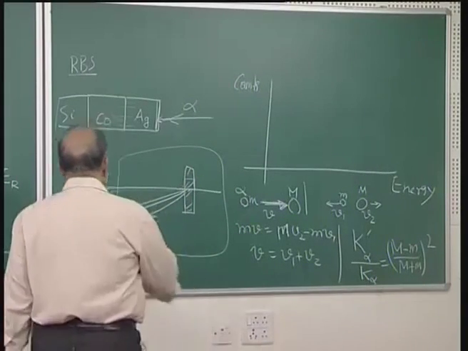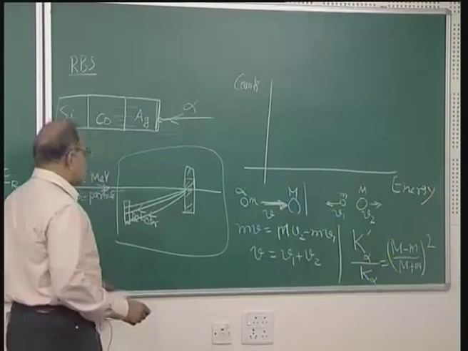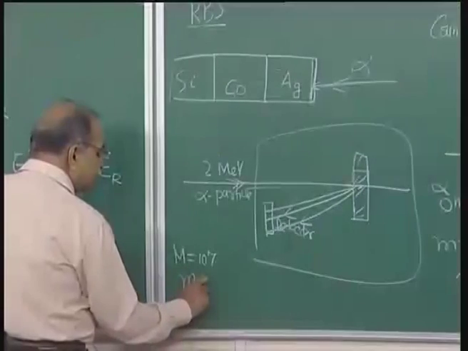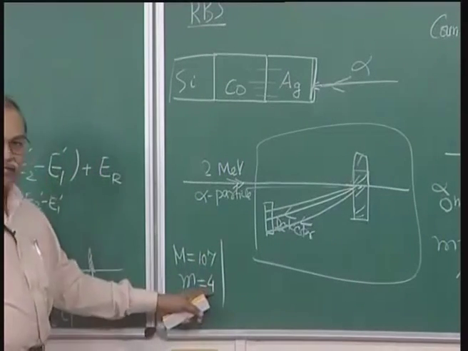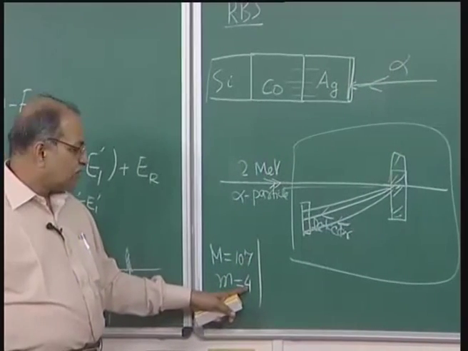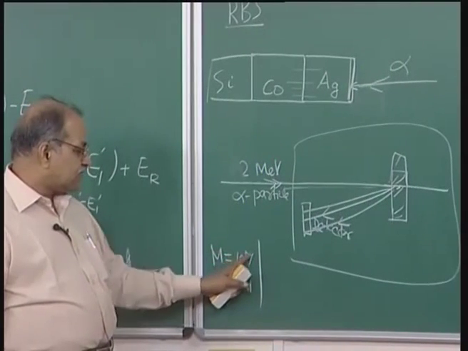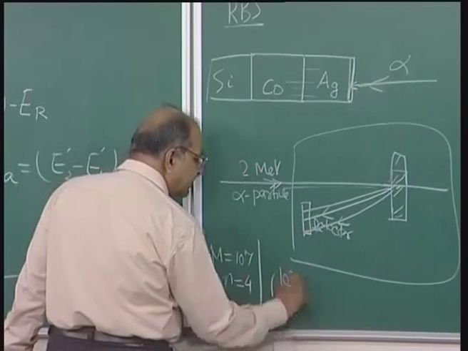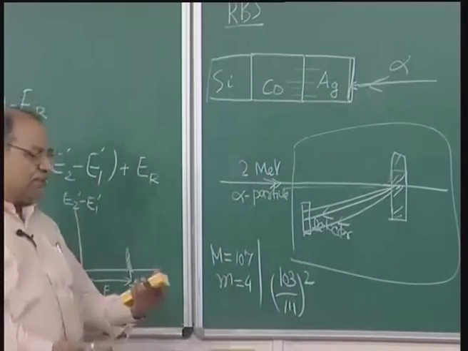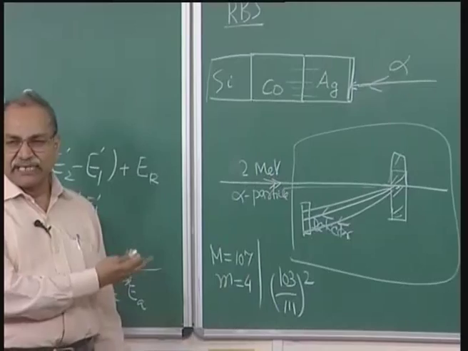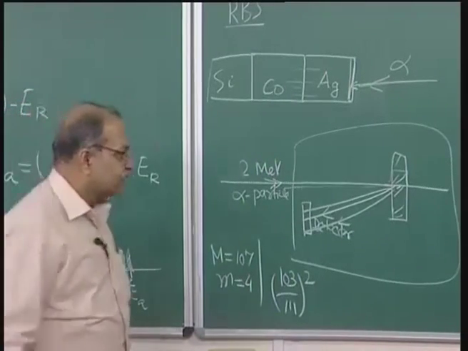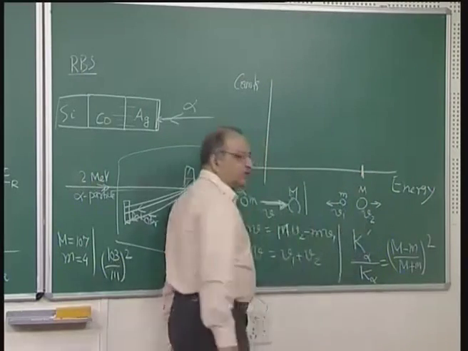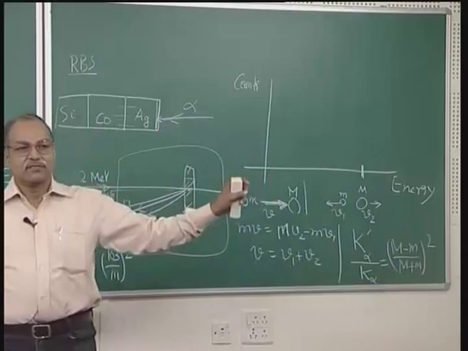So, if this beam is say 2 mega electron volts, and for silver capital M is 107 and small m is 4. Helium has 4 particles, 2 protons and 2 neutrons, total mass number 4. For silver the mass number is 107, so this factor will be 103 divided by 111 squared. So, it will be reduced to something like 0.96 or so.